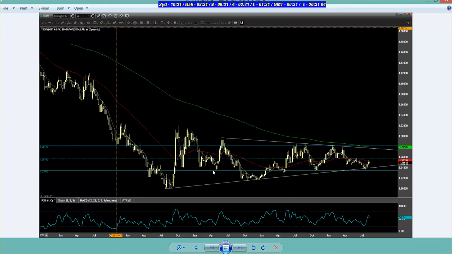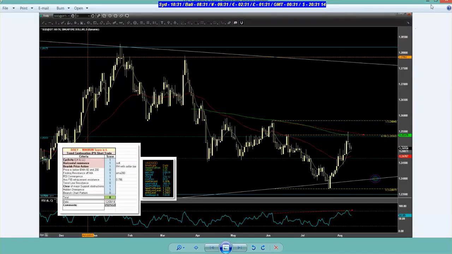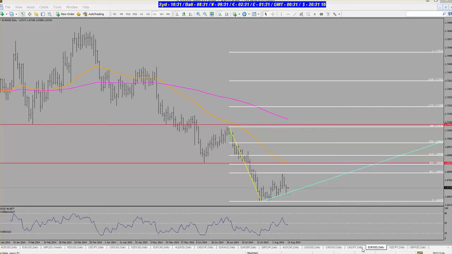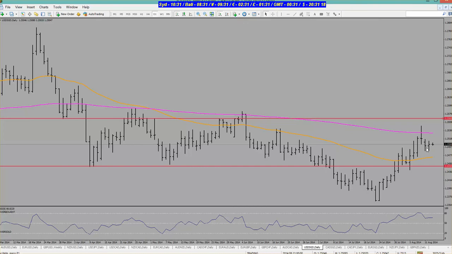Kind of tested this support line. I'm glad we didn't take the trade, and I'd prefer to be patient and seeing more selling yet before jumping into that. I'd be too nervous.